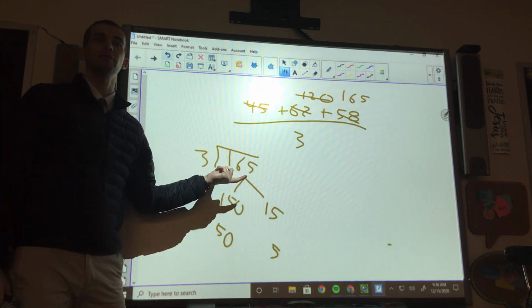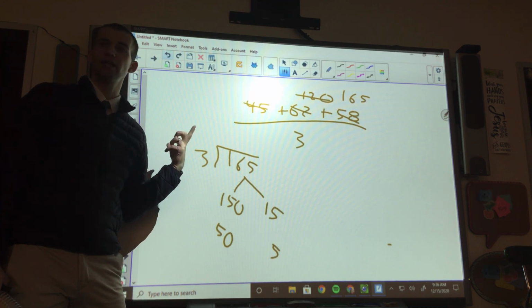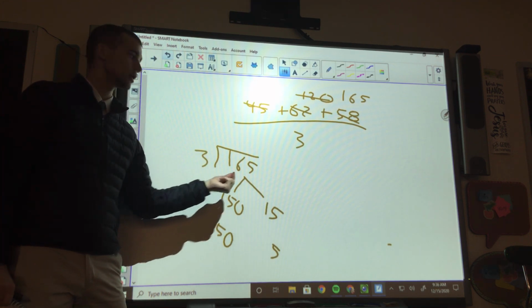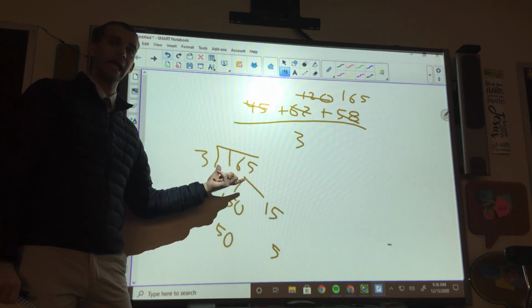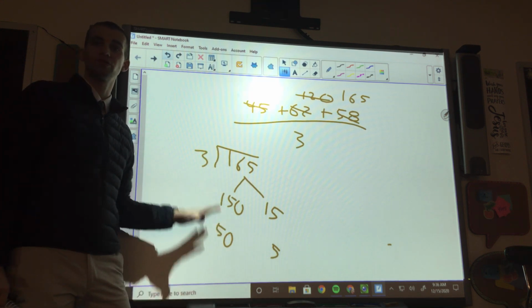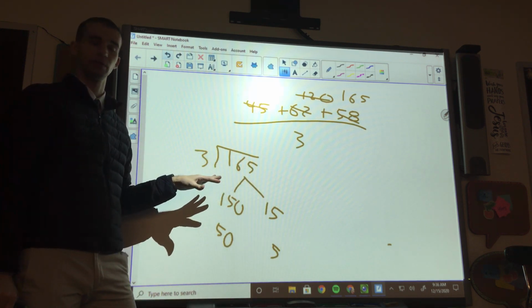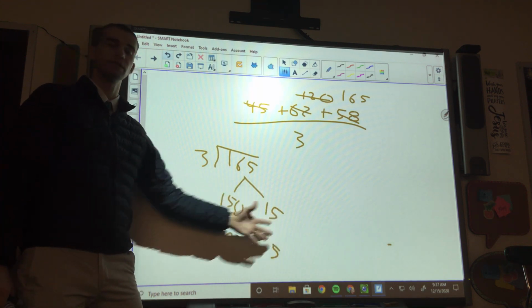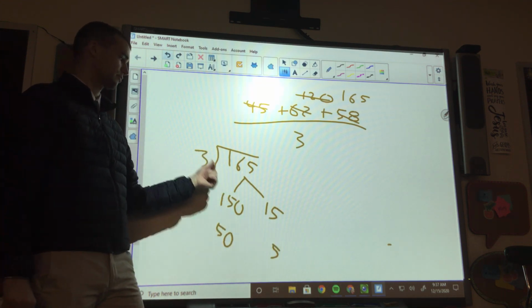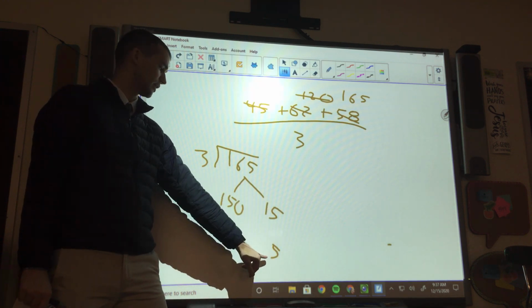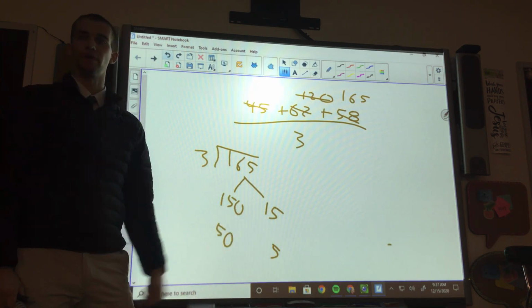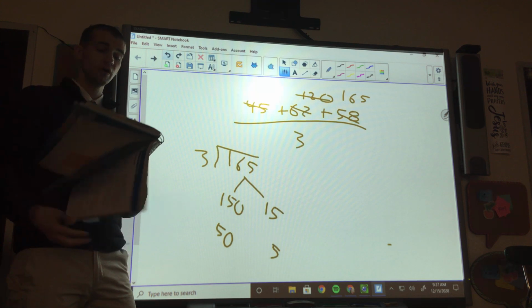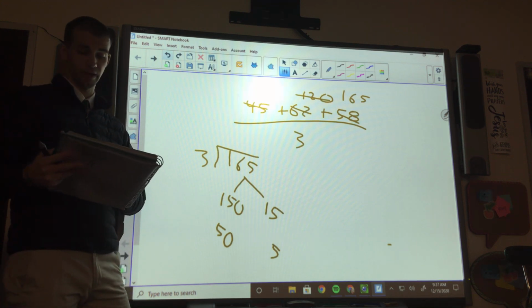If you want to learn tricks on how to do math faster, this is what you need to be looking at. Can I split up numbers into smaller ones so I don't have to do all the long division? 3 goes into 150 50 times, 3 goes into 15 5 times, 50 plus 5, 55. So 55 kilograms would be the average.